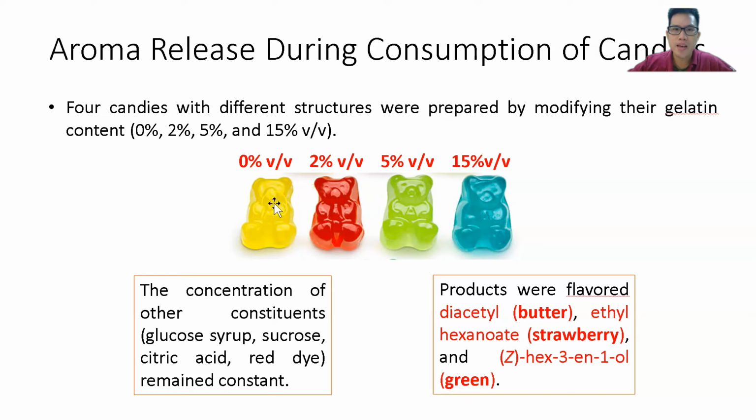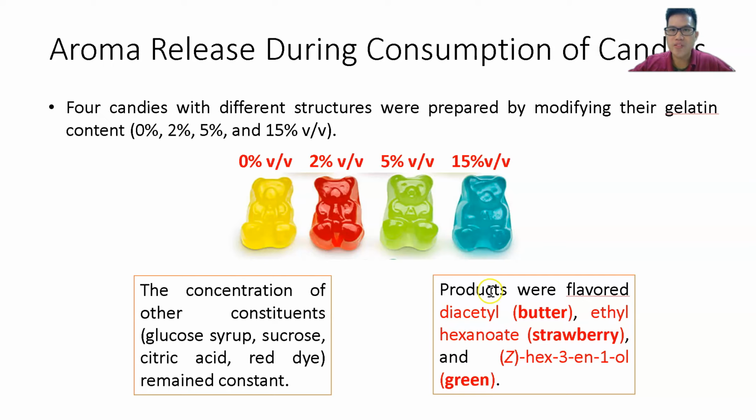So what happened is that these four formulations all contain the same composition: glucose syrups, sucrose, citric acid, and red dye. All of them are constant for the four of them. All of them are supposedly red color. This one is for illustration purposes only. And all the products have the same concentration of the three flavors: diacetyl, the butter flavor; ethyl hexanoate, which is strawberry flavor; and hex 3-en-1-ol, which is like the green vegetable type of smell.